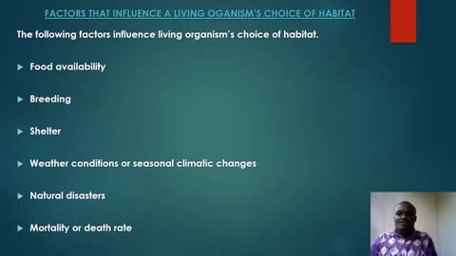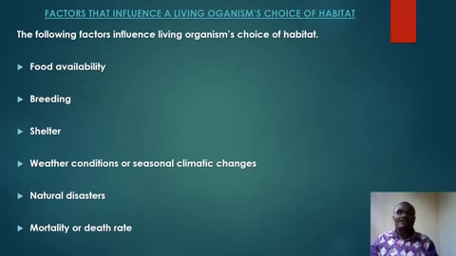Now, for an organism to choose a habitat, certain factors must influence that organism to choose that kind of habitat. For example, in the Bible, right from the beginning of creation, after God created man and man began to multiply, we realize that, if you have read the story before, there was famine.